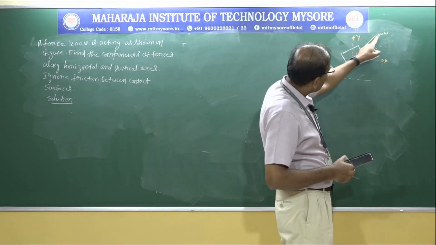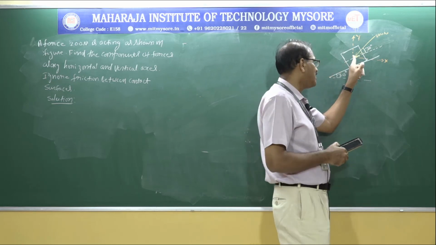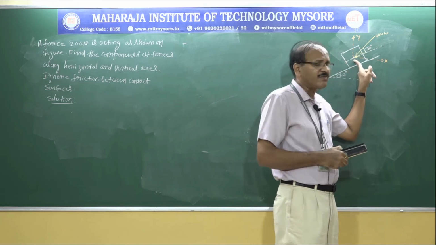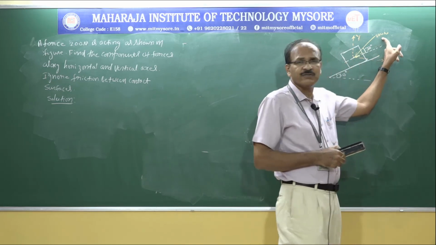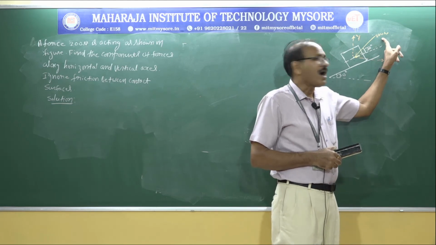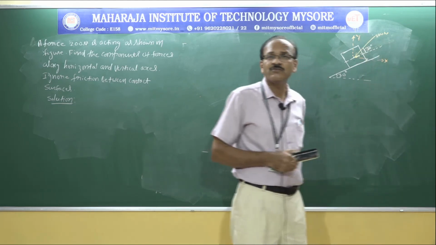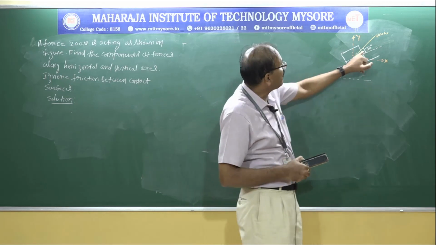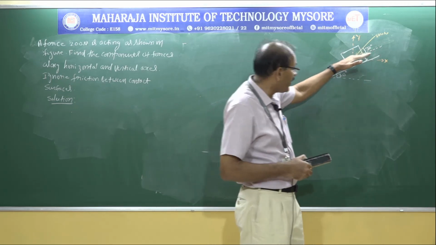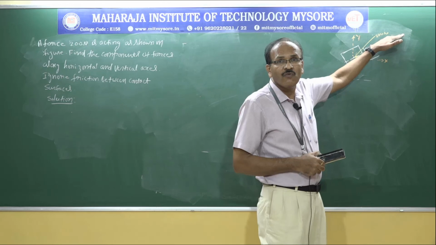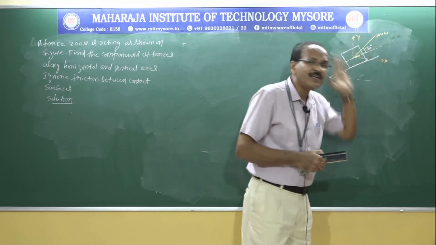Then there is a force of magnitude 200 Newton acting at the center of gravity of the weight. This force is at an angle of 30 degrees with respect to the line which is parallel to this inclined surface.